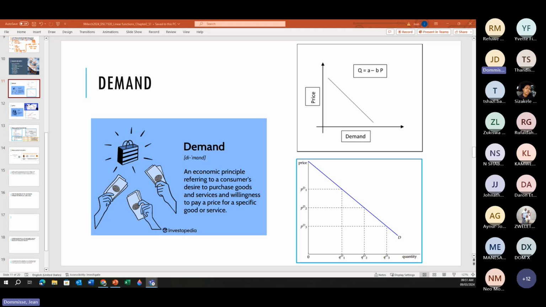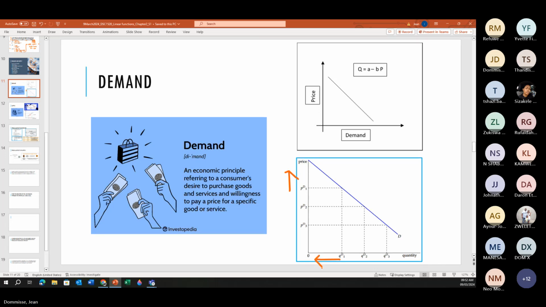Okay, so demand function. When we look at demand, straight line, you can look at demand as: the higher the price, the lower the quantity. The easiest way for me to remember this is that much fewer people have a speedboat than a bicycle.